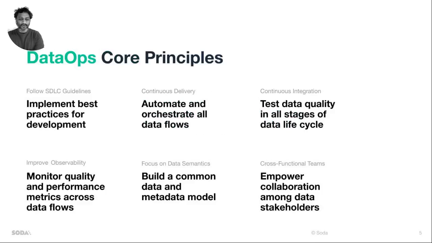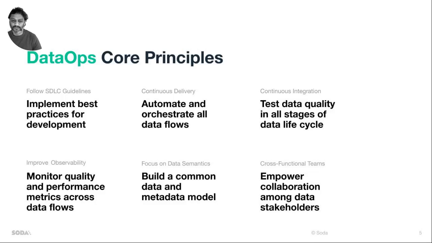The core principles that I want to talk about today are these 6 top items. One is to implement the best practices for development. The main reason I think it's a core principle is that in the data domain, whether data engineering, data analytics, or data science, people come from different sorts of backgrounds, not just software engineering.